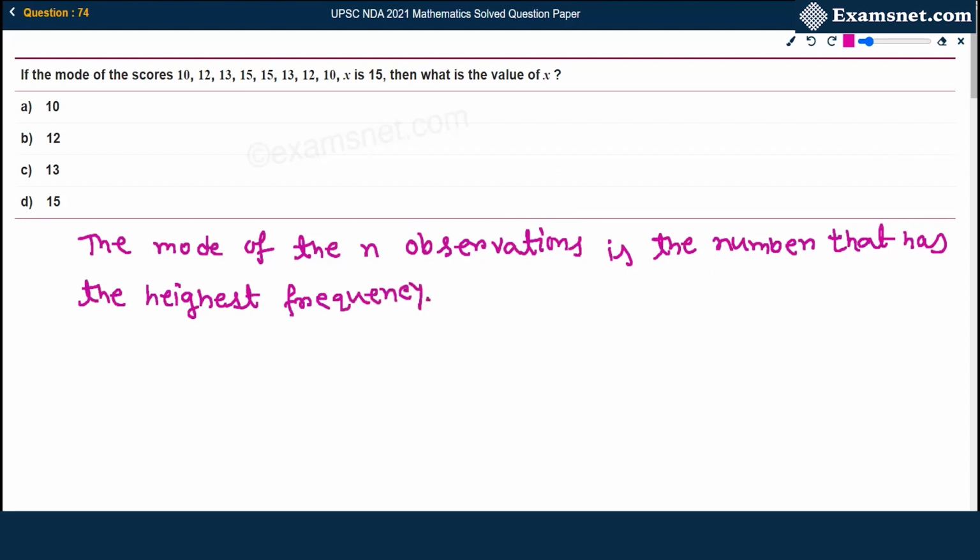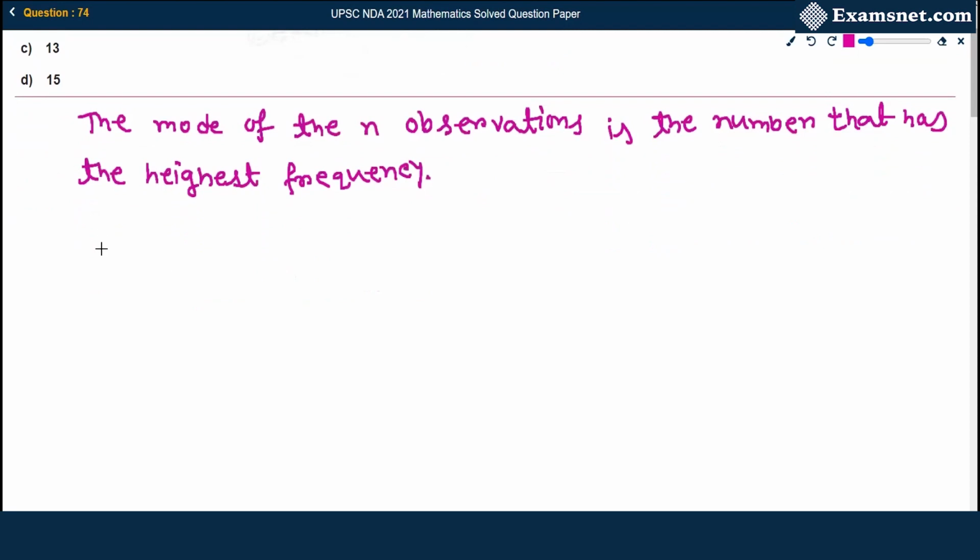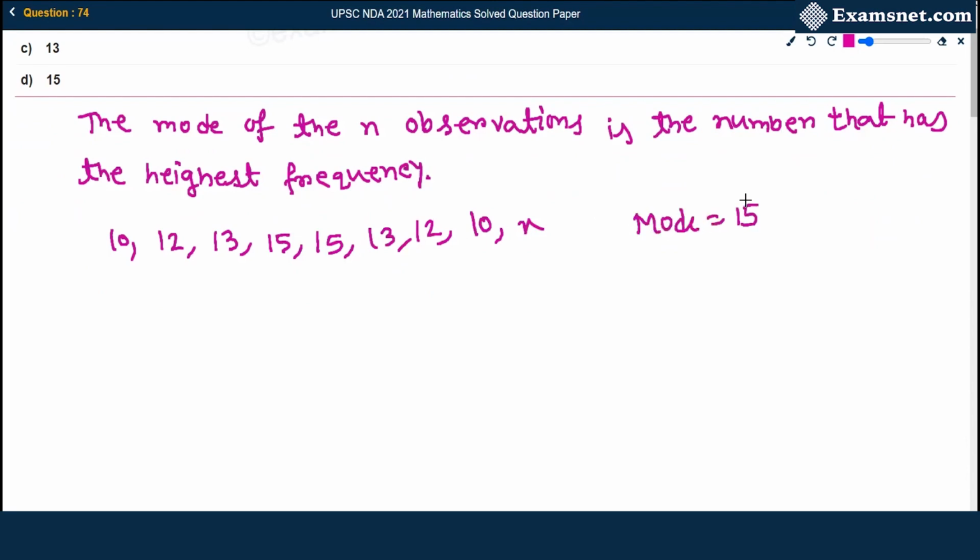Okay. So the given scores are 10, 12, 13, 15, 13, 12, 10, and X. And the given mode is also 15, right?